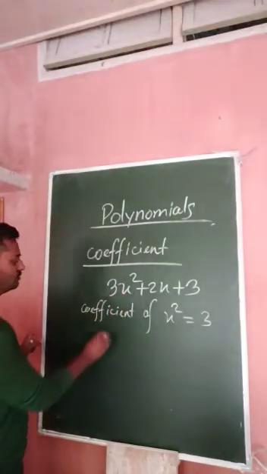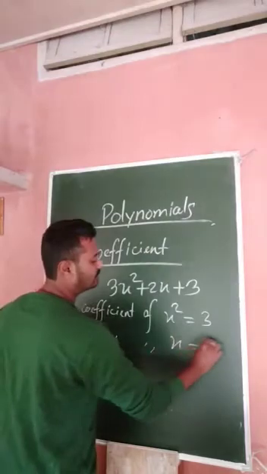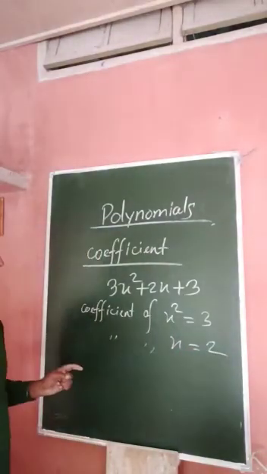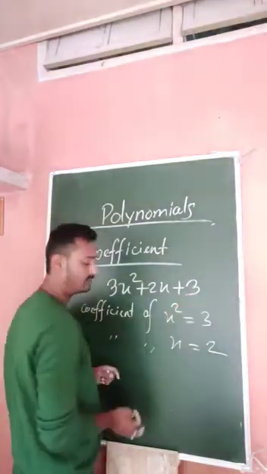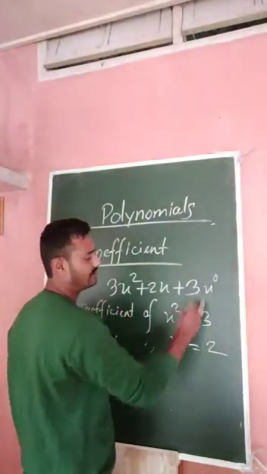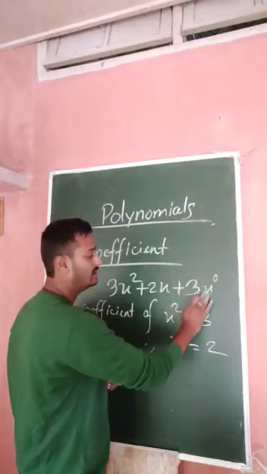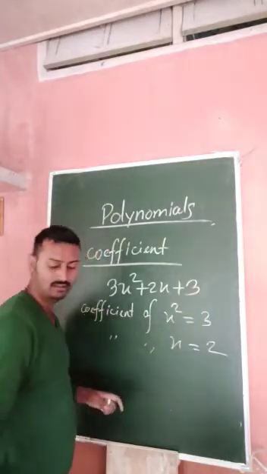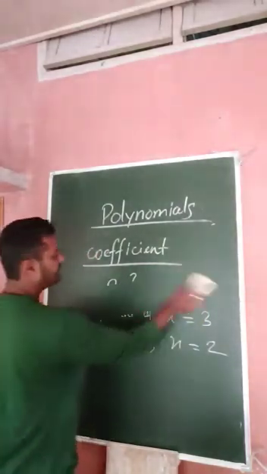So the coefficient of x is 2. And suppose the question asks what is the coefficient of x to the power 0. This is actually 3 into x to the power 0. x to the power 0 is 1, 3 into 1 is 3, and you have to write 3. So these are the coefficients.